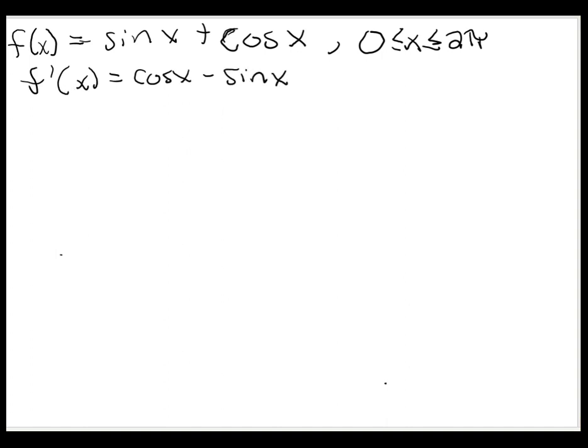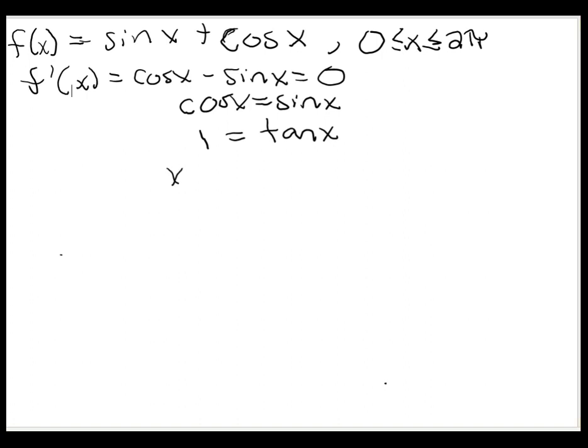These are defined everywhere, so to find our critical numbers, we just set it equal to 0 and solve. So cosine x equals sine x. And on 0 to 2 pi, where does that happen? Well, we can divide by cosine x, and you get that 1 equals sine divided by cosine, which is tangent. And you can think, well, where does tangent x equal 1?